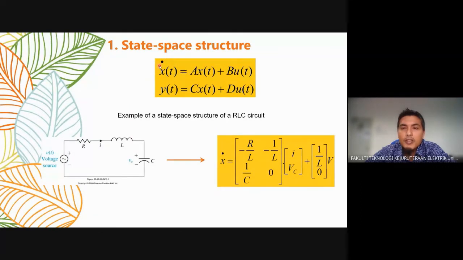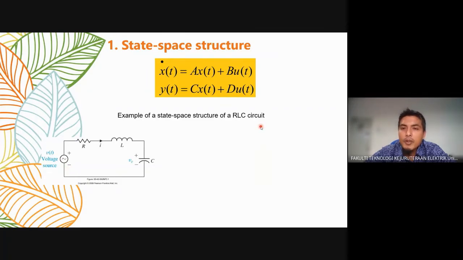We do a comparison, and then this is the matrix A, and this is x t, and then this is B, and this is the input U. You can see that input U refers to V, the input voltage source.